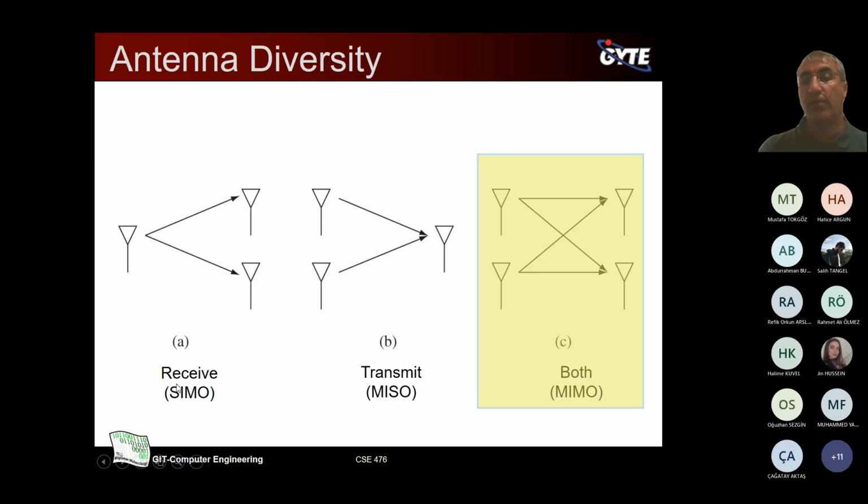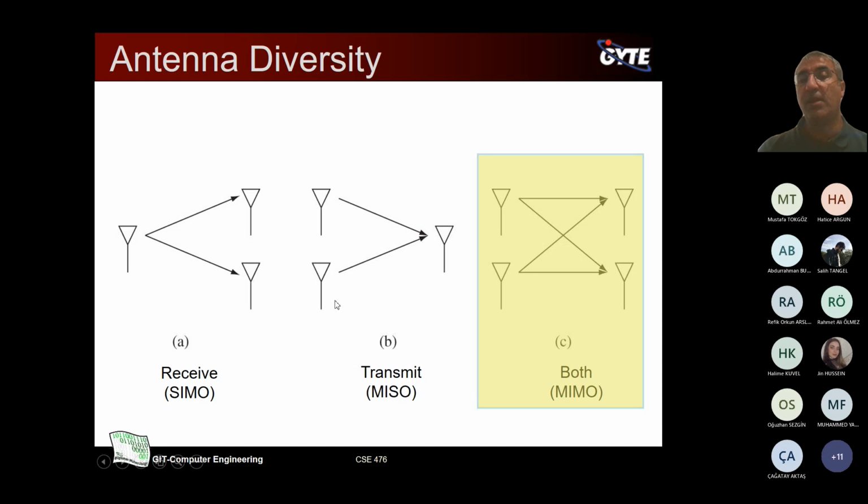For instance, the first type, we have a single input, a single transmit antenna, and multiple outputs, which is multiple antennas at the receiver side. This is called SIMO.